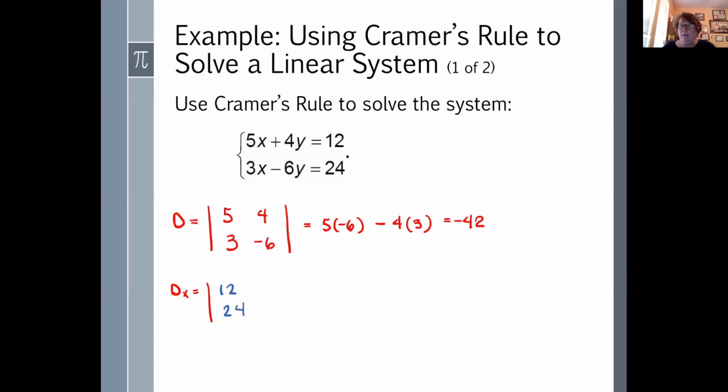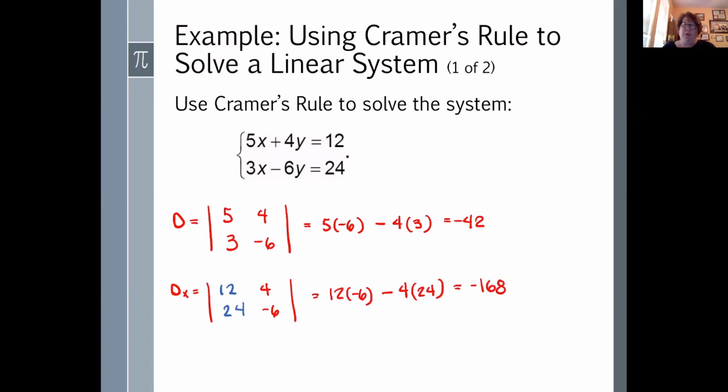And the second column is going to be the same. Now I'm going to find that determinant. So that's 12 times -6 minus 4 times 24. And when I do that calculation, I get -168.